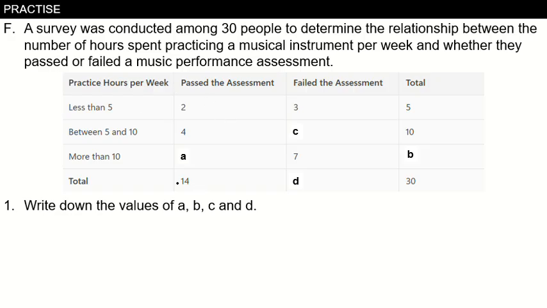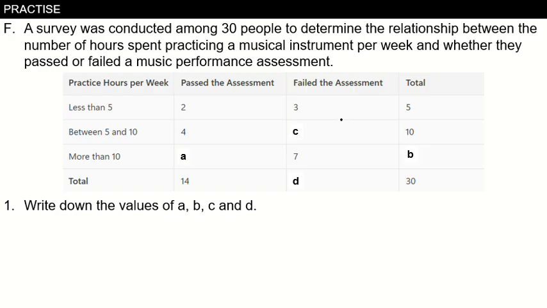We know that the total of passed the assignment is all these added together. This total again is all these added together. This total is again all those added together. The same with this total, all those added together.